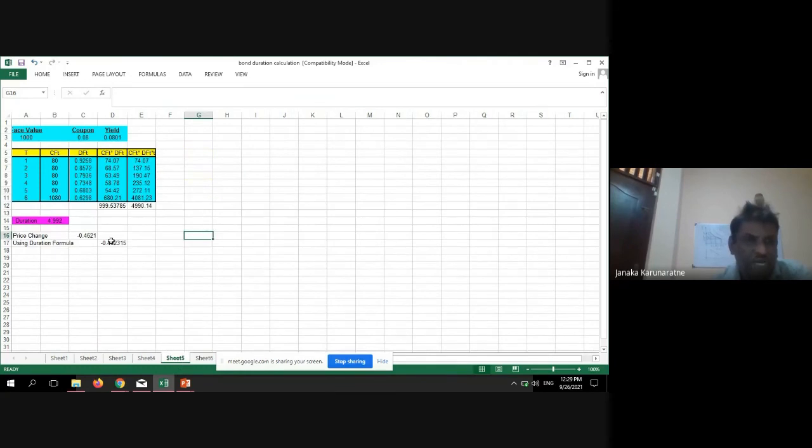Use the same formula. You don't have to work it out because anyway it's the same increase or decrease, no? It should be the same. 0.462315.